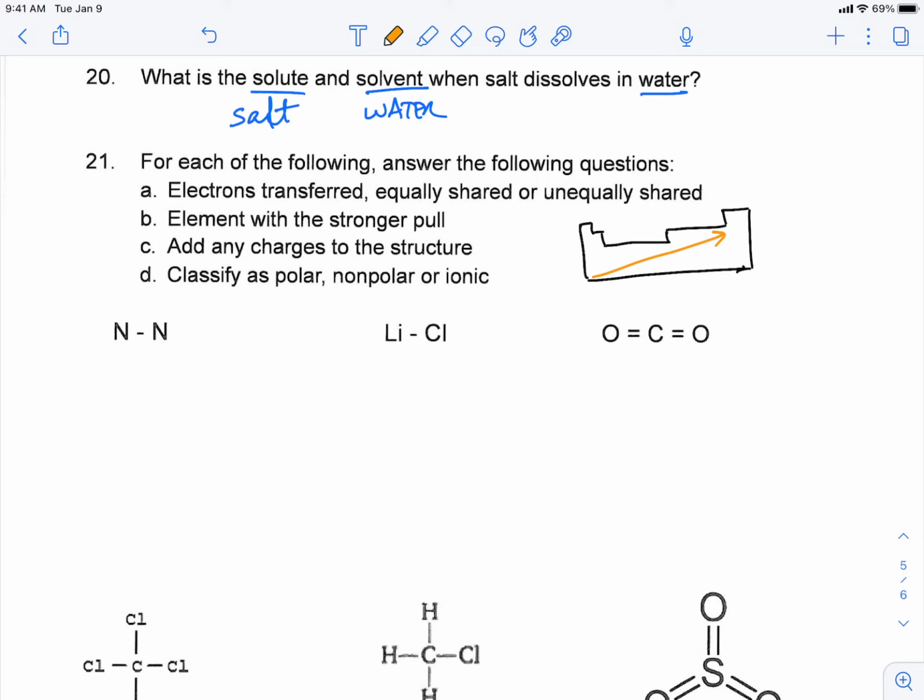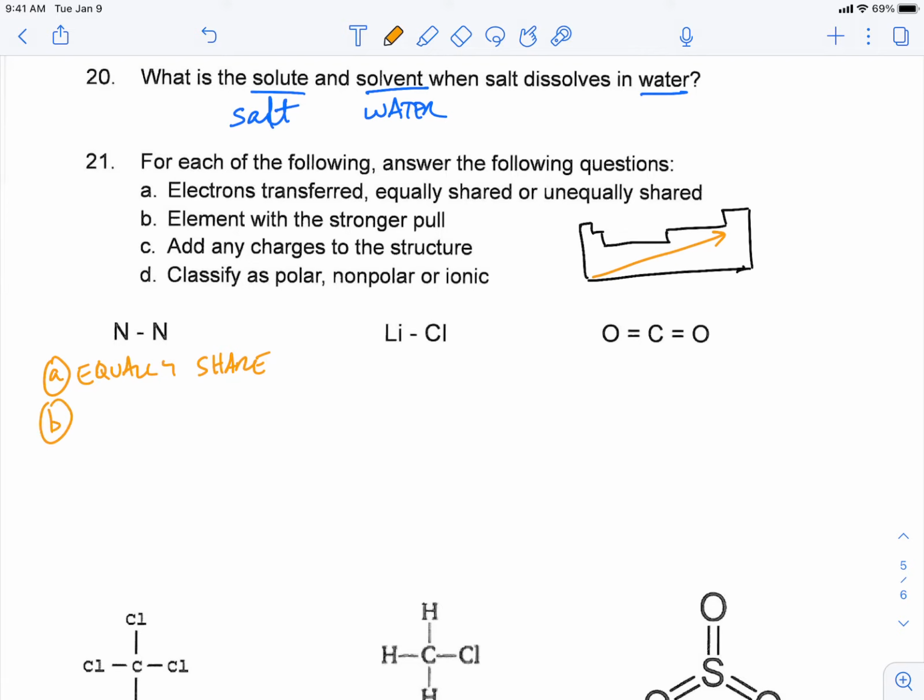All right. So for 21, you have two nitrogens bonded. And so what they're going to be doing is equally sharing the electrons. They both have the same electronegativity, same strength, or pull on the electrons, so they're going to be sharing the electrons equally.